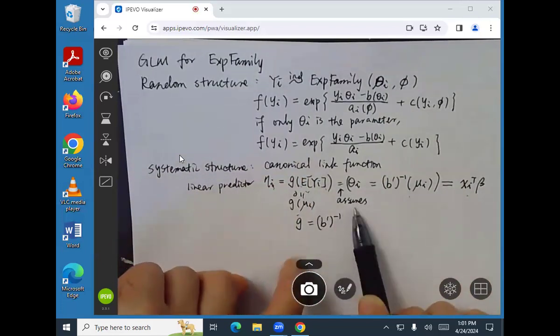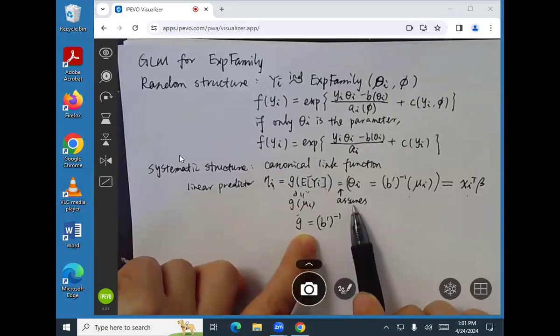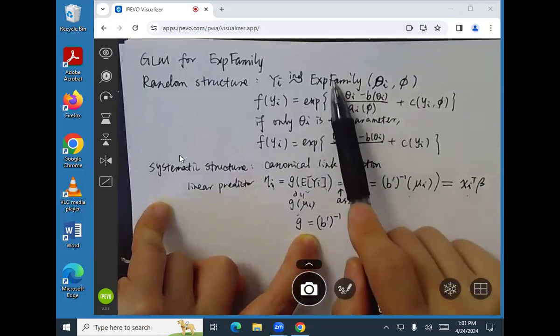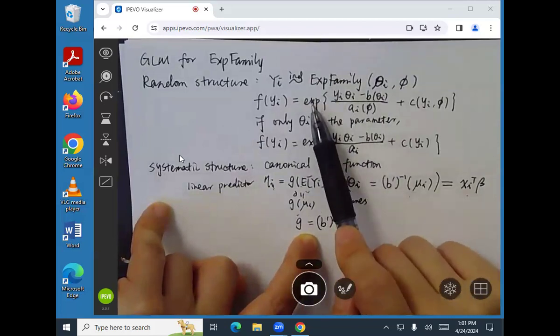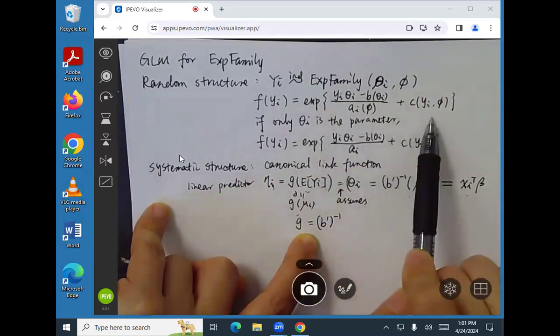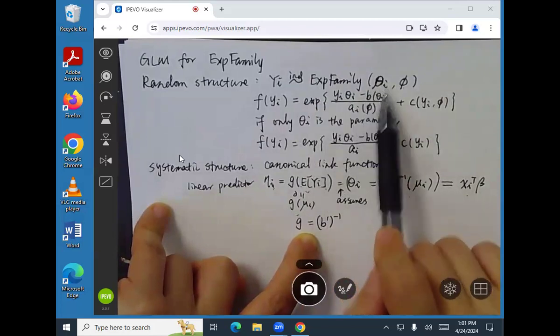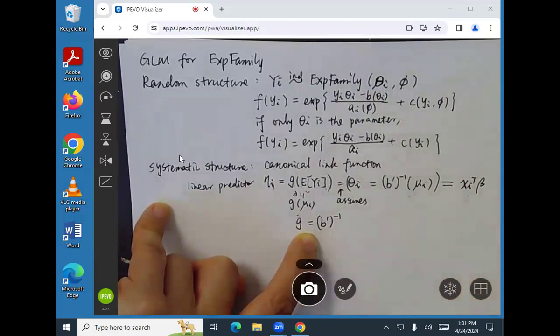The use of this is that for any distribution in the exponential family, as long as you write its probability density function or probability mass function in this form, and you recognize what the b function is, then you know the form of the b function, and you take the derivative and take its inverse. That will give you the link function.